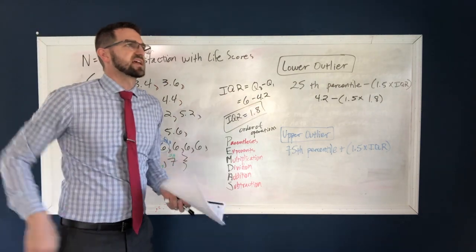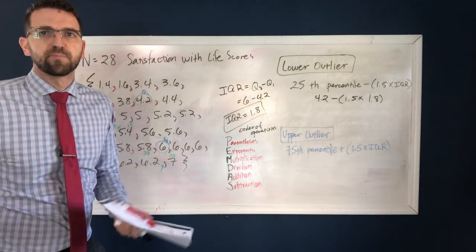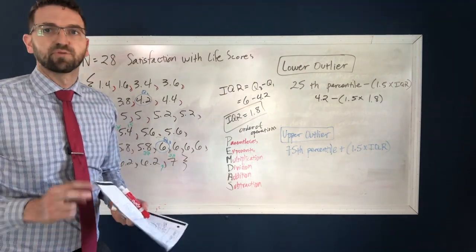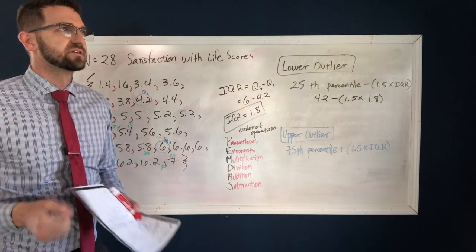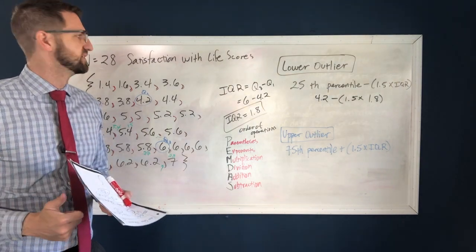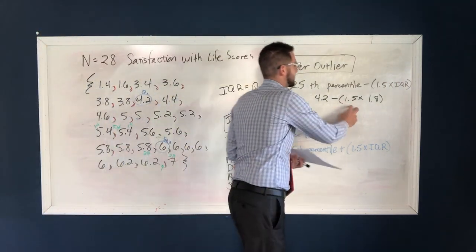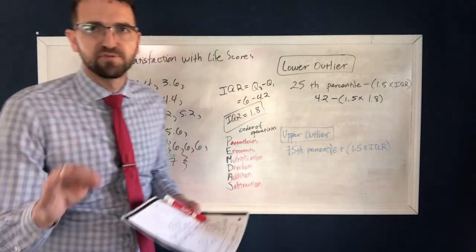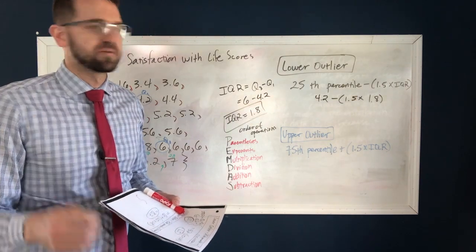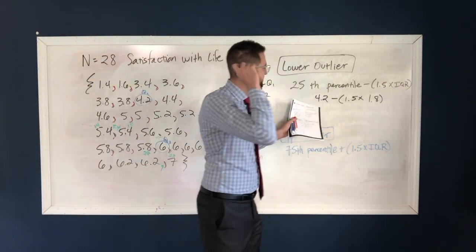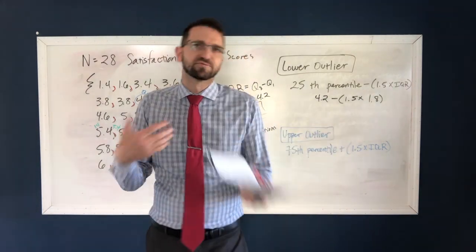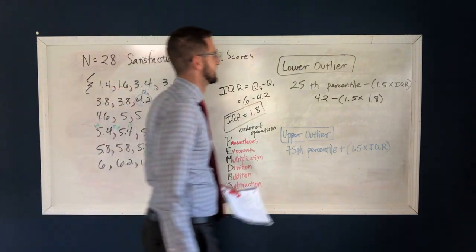What this is telling you is the order of doing the math. You need to solve what's in the parentheses first, then you have to resolve the exponents, then you can multiply, divide, add, and subtract. Because we have parentheses here, you have to solve what's in the parentheses first. Some people might say, what if I do 4.2 minus 1.5, and then I'll multiply it by 1.8? No, that's wrong, because you're not following the order of operations.